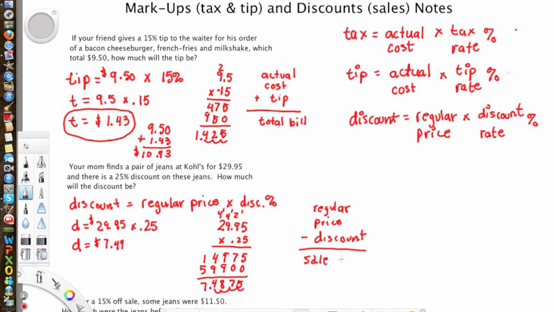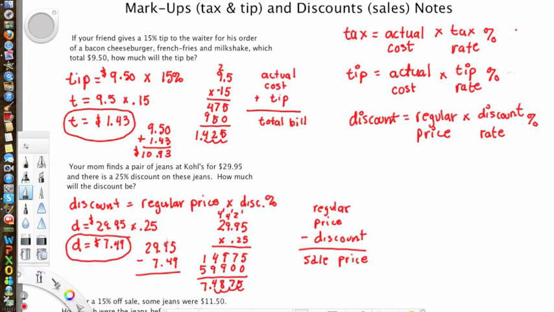This is the sale price. Okay, so the sale price, and sure enough, this is the answer to the question. Once again, we're going beyond what's being asked, and we take $29.95 and we subtract $7.49 from that regular price.